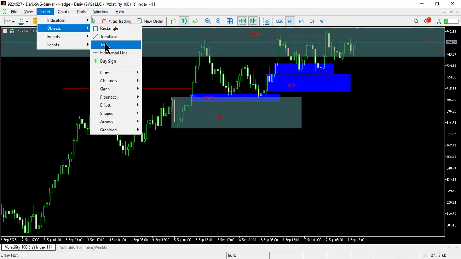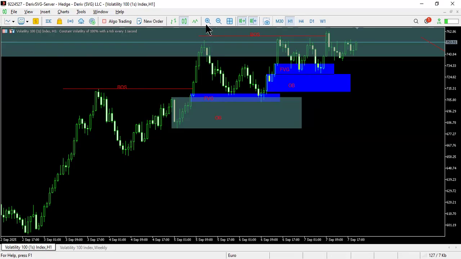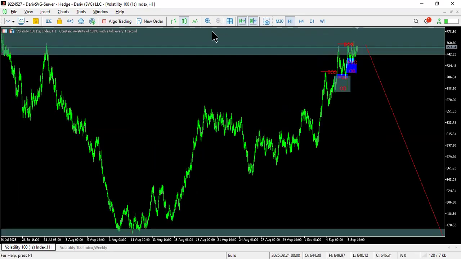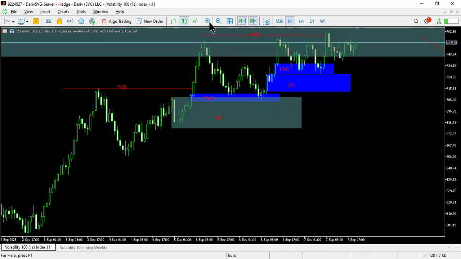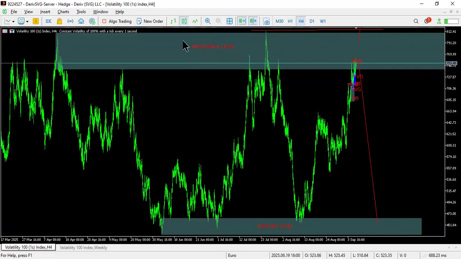Currently price is still breaking structures to the upside, but watch out for price at this level before you take your next line of action, because price might decide to reverse at this level and then continue moving down, or it might break that high and then continue proceeding up.